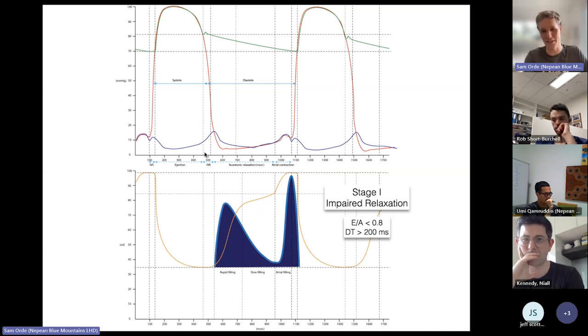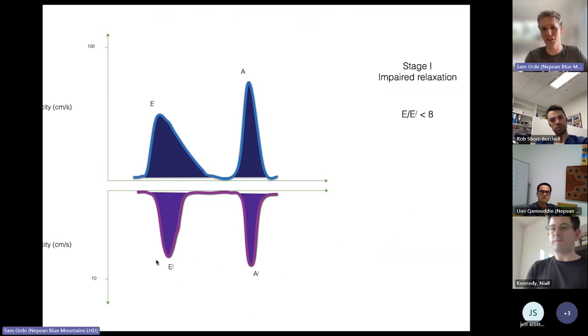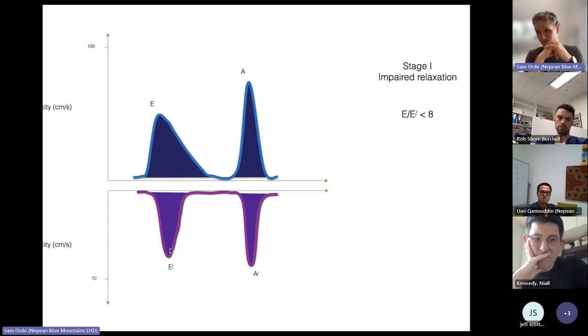And we typically start to see the E to A ratio going less than 0.8 and the deceleration time being above 200 milliseconds. When we put that together with tissue Doppler, normally the E prime is bigger than the A prime, and here we can start to see the E prime being a little bit smaller.